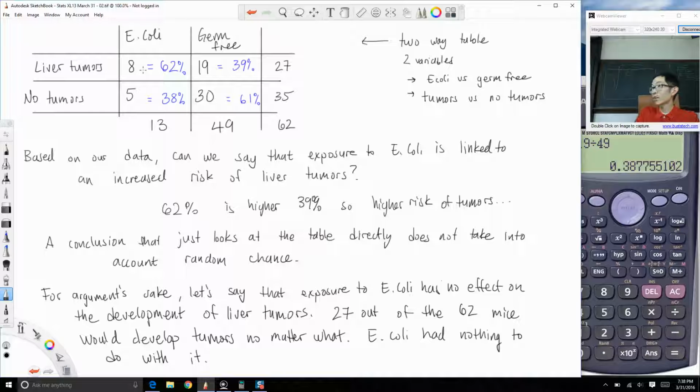Could something like that just happen from random chance? Yeah, it could, right? So how do we know that the results we see in our data table here were not just a result of random chance? You don't. Okay.